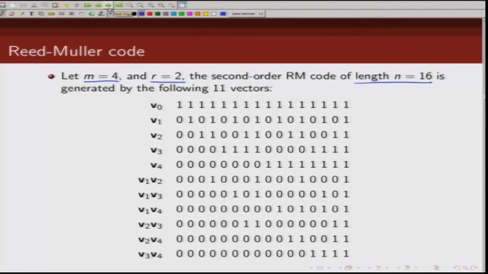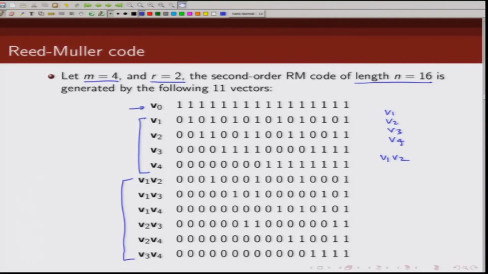So, this is your V0 vector, these are all your V1, V2, V3, V4, this is degree 1, and then these are all possible degree 2 Boolean product vectors. Because m is 4, we will have V1, V2, V3, V4 and R is 2. So, we have to consider all possible Boolean products of degree 2.